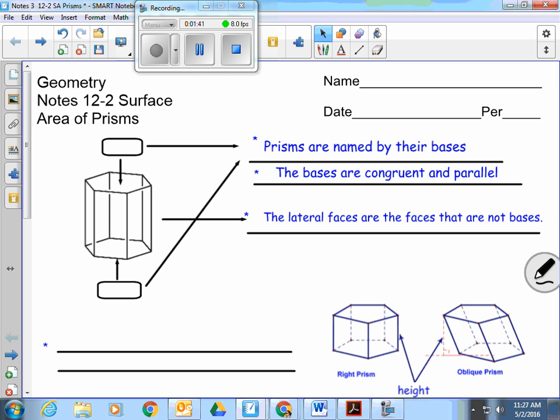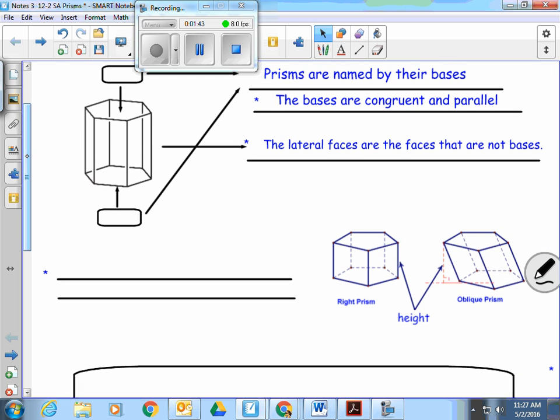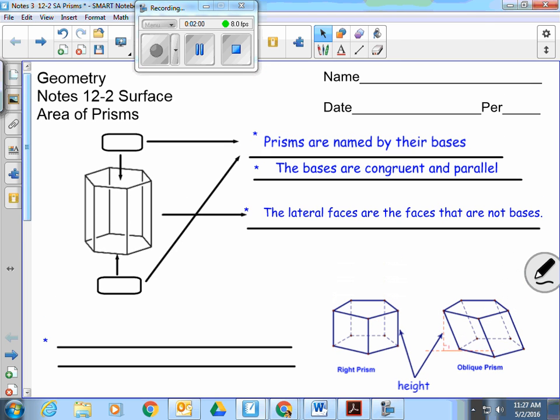And the lateral faces are the faces that are not bases. So prisms are made mostly out of rectangles.